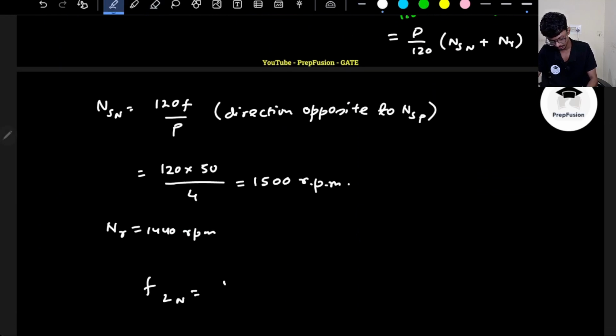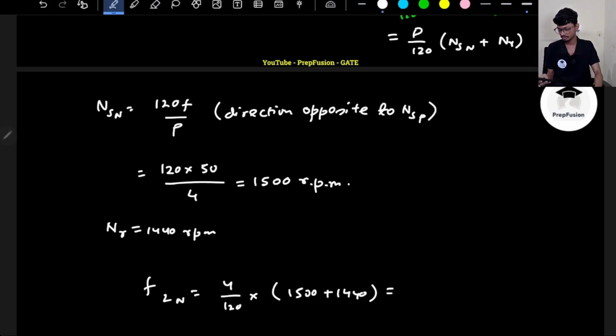F2N will be P is 4 by 120 into 1500 plus 1440. So if I find out this value, it will be 1500 plus 1440 divided by 120 into 4.